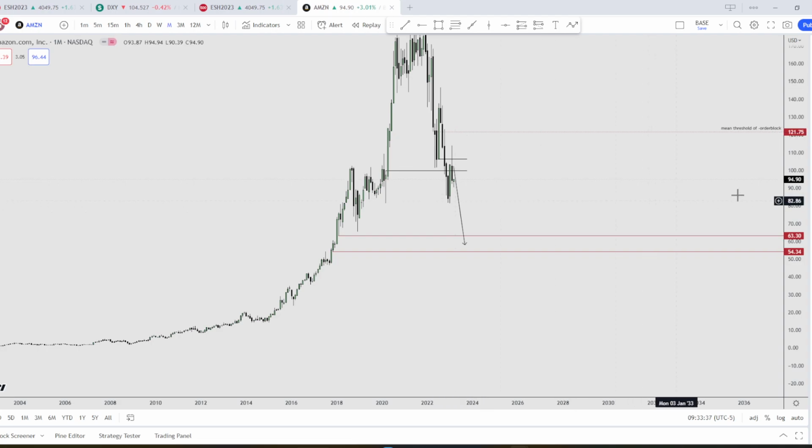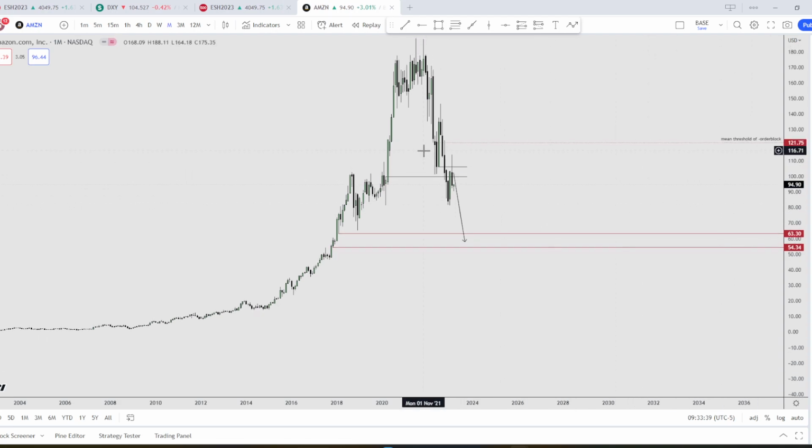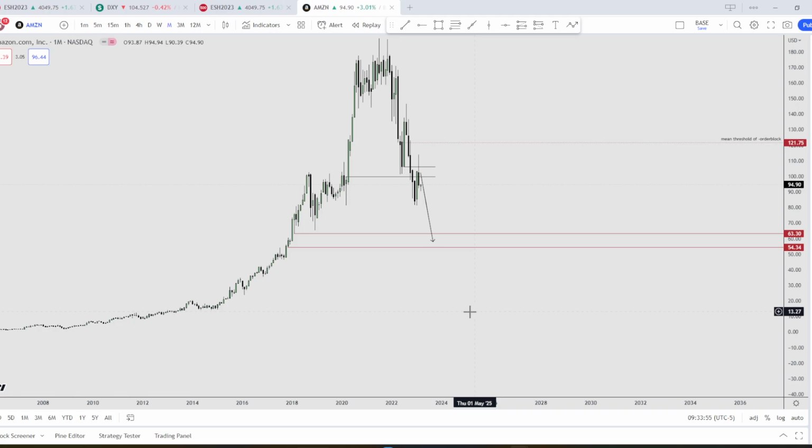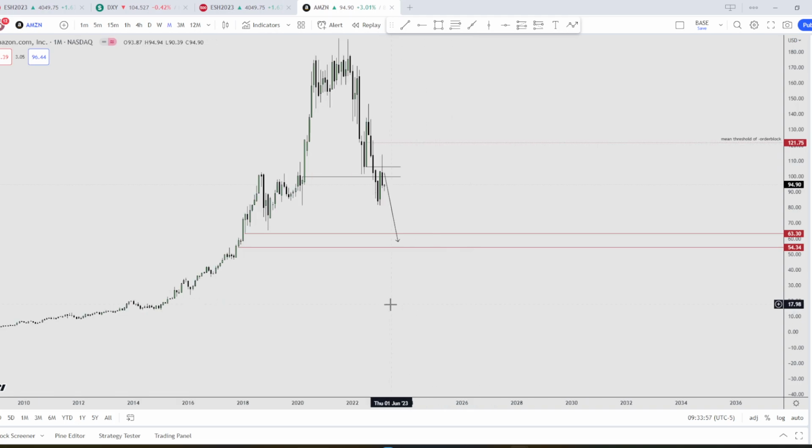So right now, liquidity favors the shorts, because we have lots of liquidity on the longs. We have long-term positions, even long-term stock investors, they have all their liquidity down here. So most of the time the market maker is going to reach into that liquidity and take it from them.